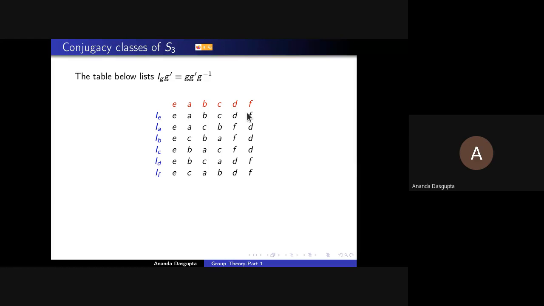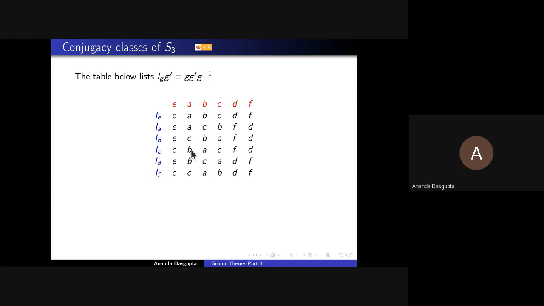What we are saying is here IE is acting on E, IA is acting on E, AB, and so on. And it's easy to see that this is what is going to come out ultimately. Again, this table is something which you don't have to memorize, but you can easily reproduce it from the standard multiplication table.